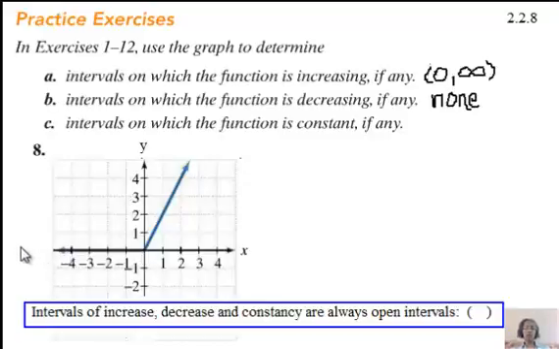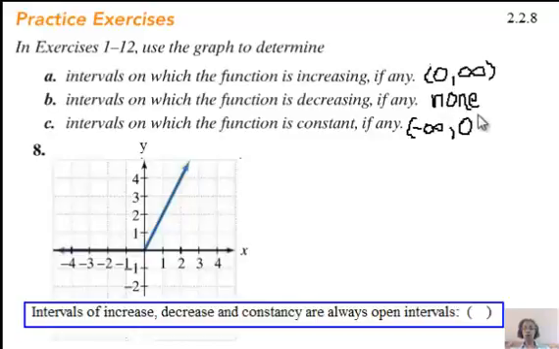As we come in indefinitely from the left, when x is smaller than 0, the function is a horizontal line, which means the function is constant. Indefinitely from the left is represented with negative infinity, and this continues until 0.